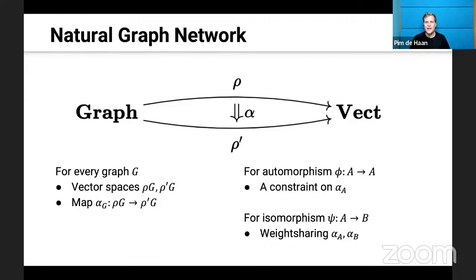So this is quite different from conventional equivariant graph networks, whereby we only have a single transformation for all graphs. Here we see that in more generality, we can have different neural networks or linear transformations for different graphs, as long as these networks are constrained by the automorphisms and are weight shared between any 2 isomorphic graphs.